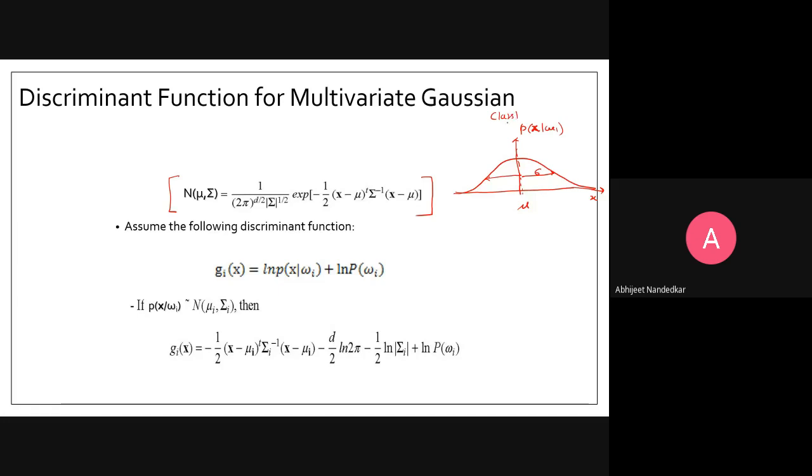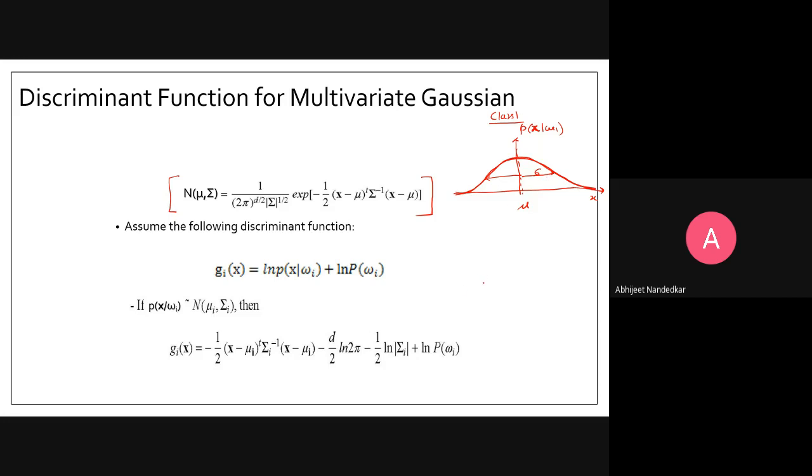So what I did is I just collected all the samples which belong to omega 1, then I find out their mean value, then I find out their standard deviation, or I can say variance. So if I do that, then it is the graph for omega 1, that is, just for class 1.